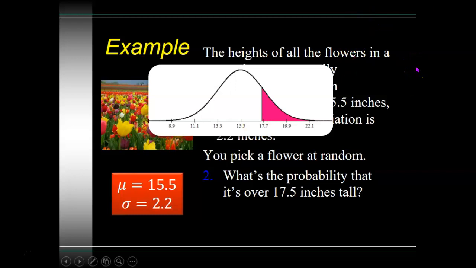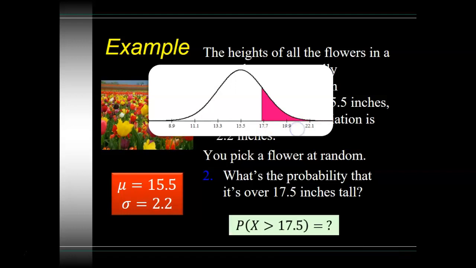So we're assuming that everything is either more or less than 17.5, and we want to know what's the probability of getting one of the ones that's more than 17.5, or what percentage or what proportion of all of them are more than 17.5 inches tall. So here's how we could write this.